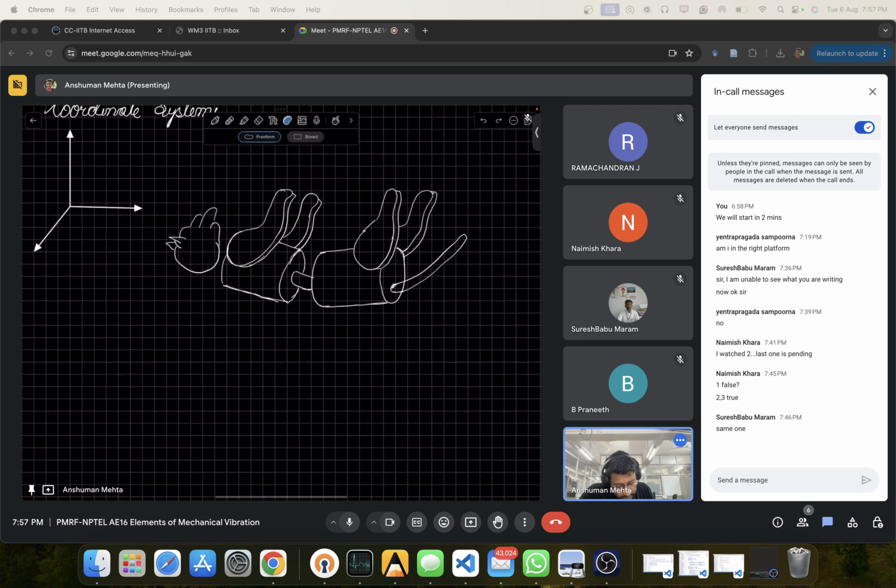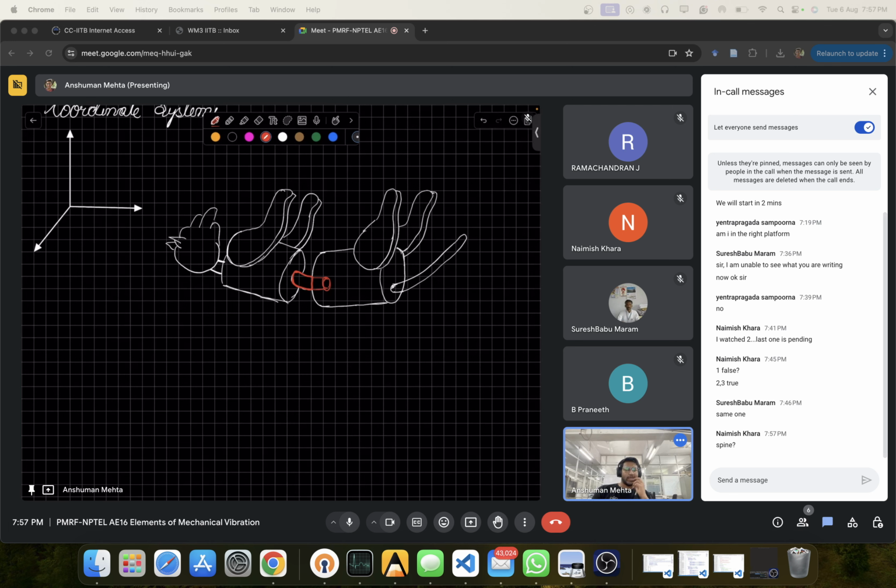Now, what is the key thing is that in the cheetah also we had done the similar thing. We have converted the system into different elements and then we have categorized those elements. So now, can anyone answer what this thing is, which I am marking in red? Spine, good.